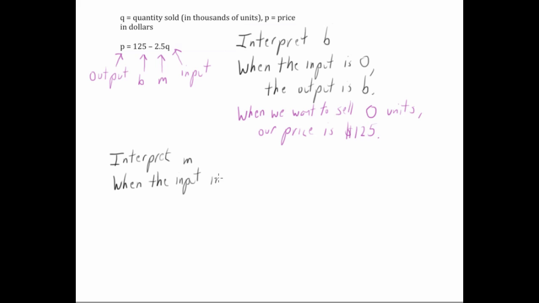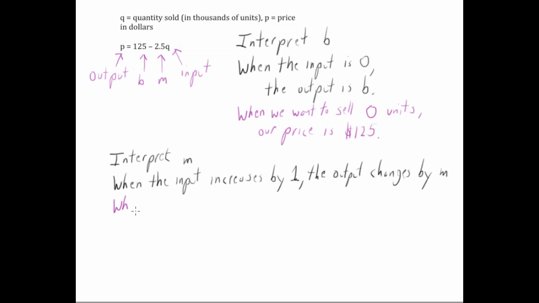When the input increases by 1, the output changes by M. So let's think about what that means for this problem. If our input increases by 1, our input again is the Q, we want to sell an extra 1,000 units.